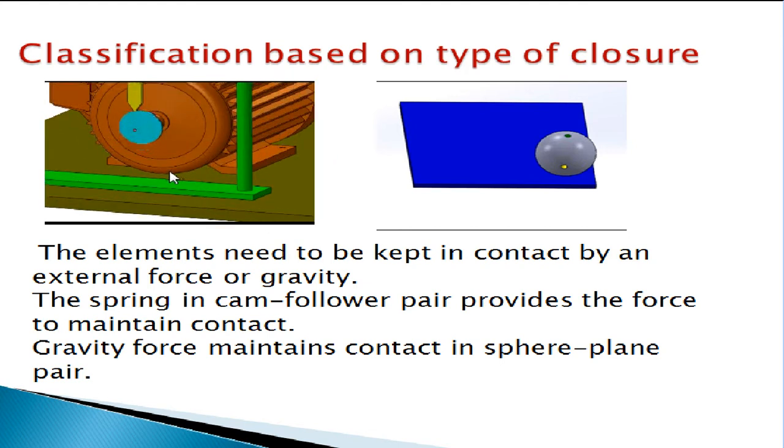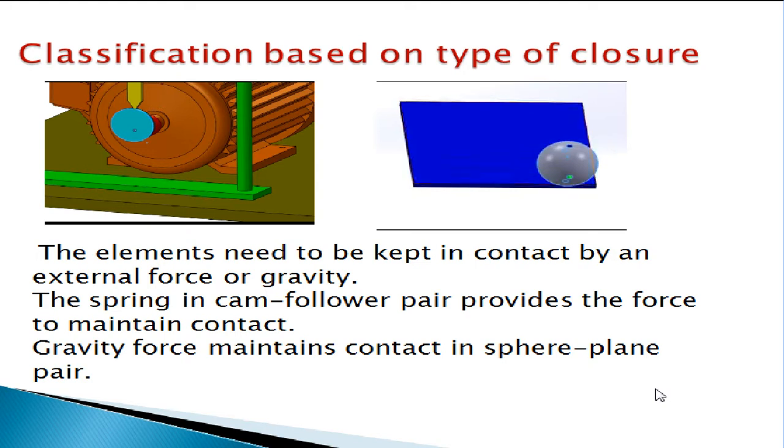In any case, because an external force through a spring is needed, we call it a force-closed kinematic pair. Similarly, in the case of this sphere plane kinematic pair, the weight of the sphere is maintaining the contact. So we call it a force-closed contact pair. So depending on the type of closure, you can classify the kinematic pairs as either form-closed or force-closed.